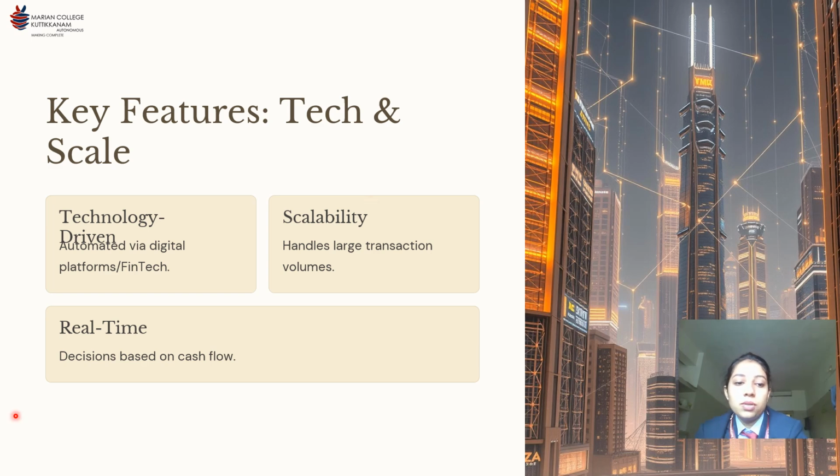Next one is real-time decisions based on cash flow. Buyers can make a real-time decision on whether to make the early payment based on their current cash flow situation. So that's all about the key features.